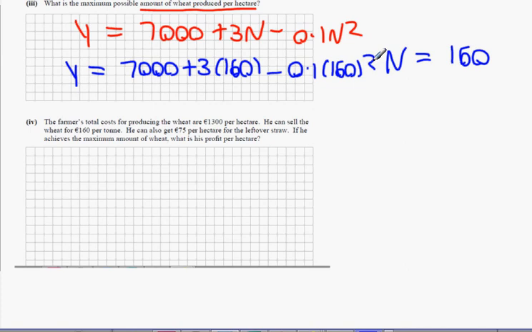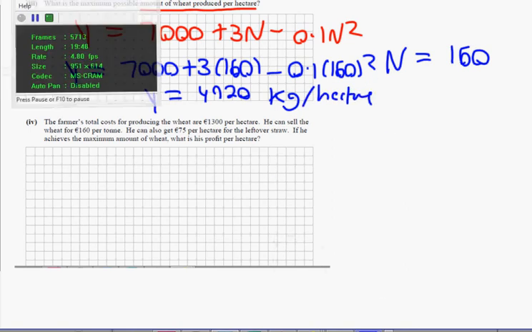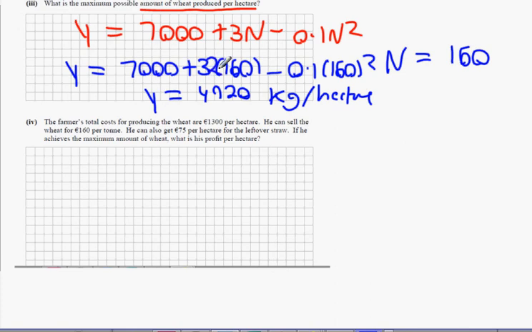So it's going to be 7,000 plus 3 times 160 minus 0.1 times 160 squared. Sorry guys, it's 32.